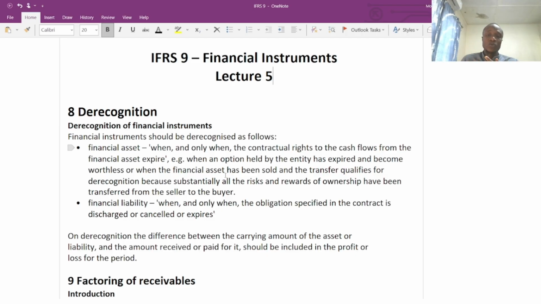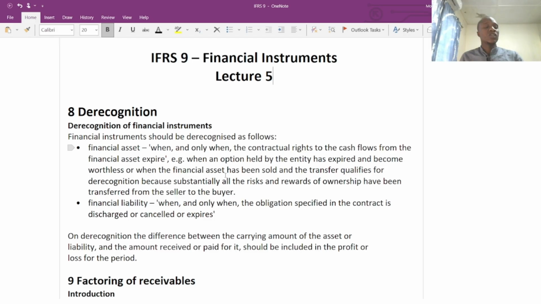If there is a loss of control, or if the future economic benefit is not certain, or the business doesn't have the right to receive the cash flow from that particular asset, or the right to receive the cash flow has expired, in whatever case, we need to derecognize that particular asset from the financial statement.